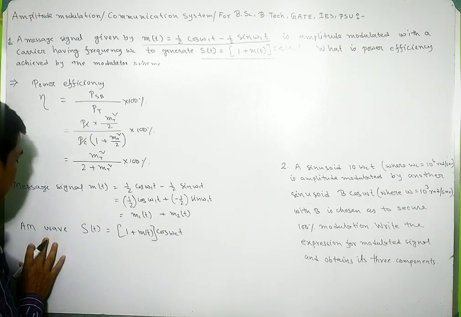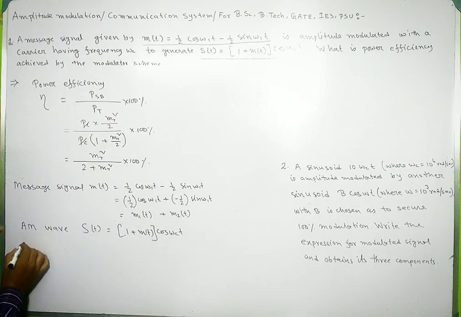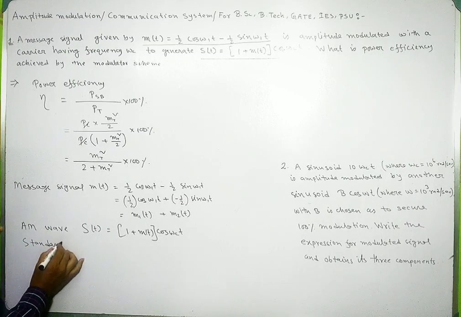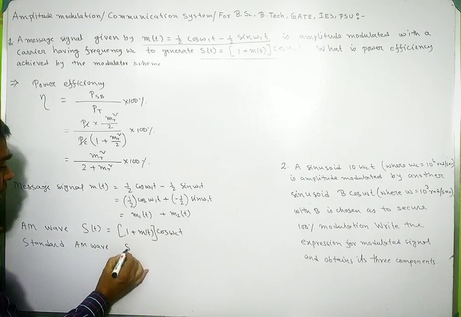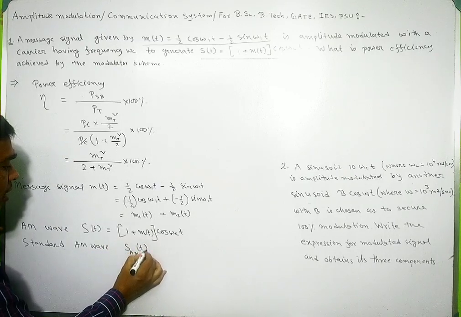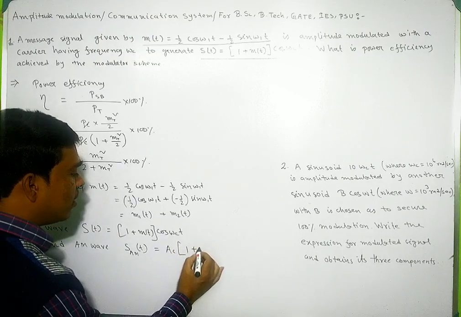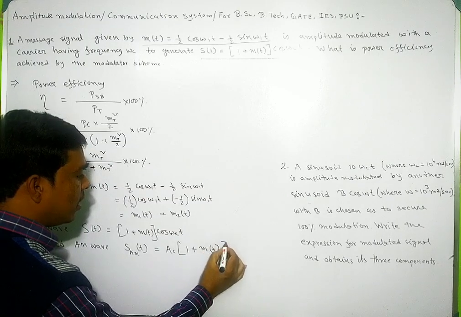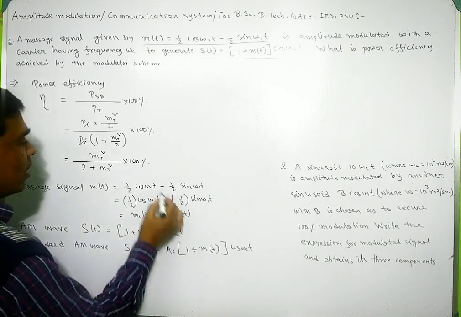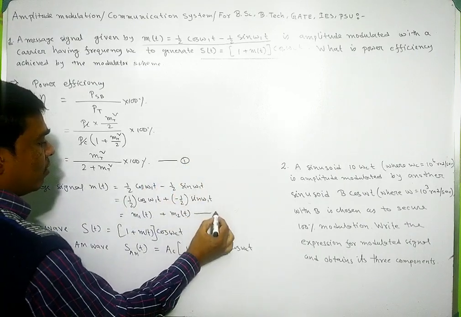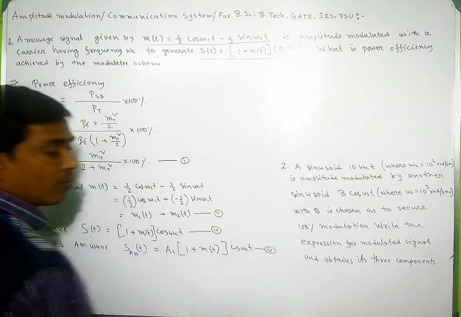Now, this is the AM wave given by this problem, but the standard AM wave is given by Ac into 1 plus mt into cos omega c t. So I take this as 1, this as 2, this as 3 and this as 4.